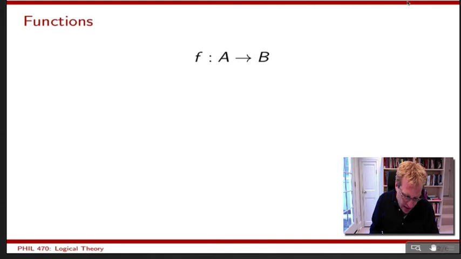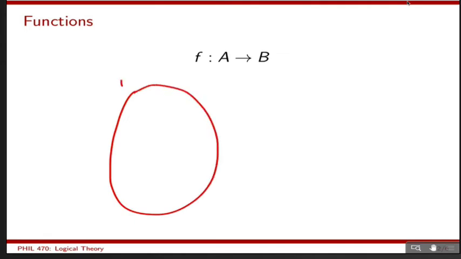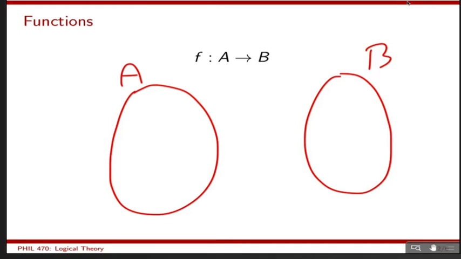So a function is a way of associating elements from one set to another set. It's a rule or a procedure or an algorithm, just some way of telling us how we can map or associate elements from the set A with elements of the set B. What the function tells you is, for every single element of A, which unique element of B is associated with it.